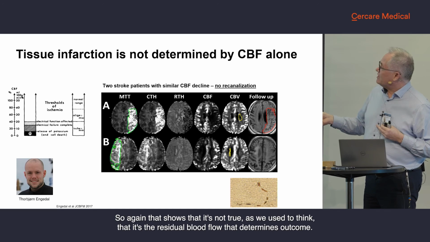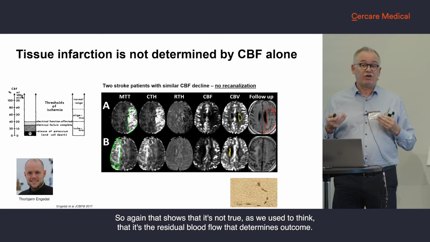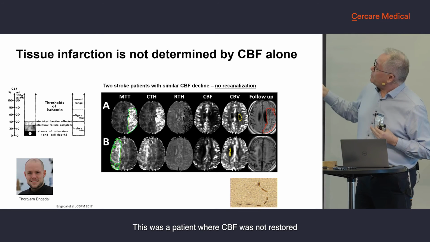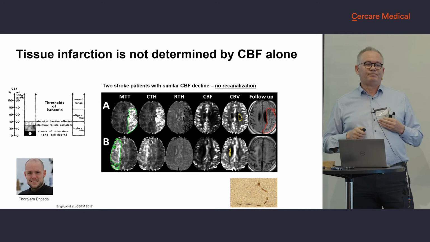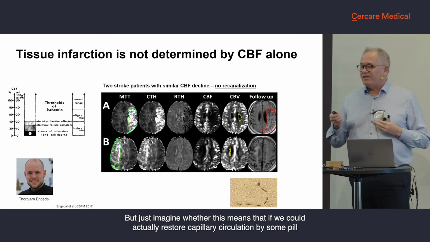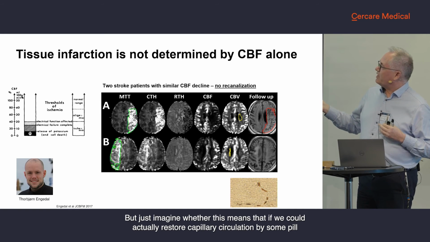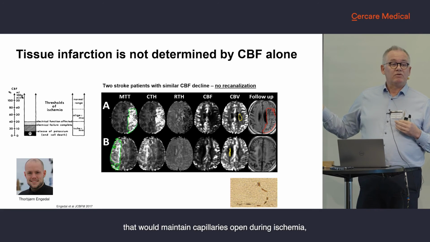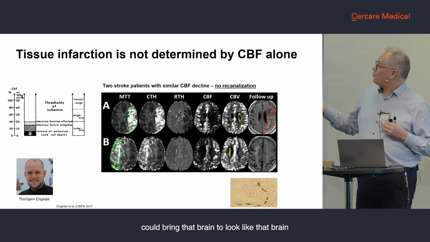And what you can see out here is that tissue died, whereas nearly all tissue out here survived. So again, that shows that it's not true, as we used to think, that it's the residual blood flow that determines outcome. This was a patient where CBF was not restored, so they could not receive recanalization. But just imagine if we could restore capillary circulation by some pill that would maintain capillaries open during ischemia, could bring that brain to look like that brain.